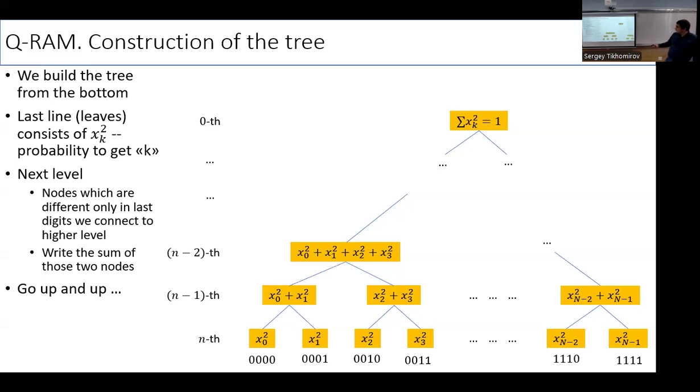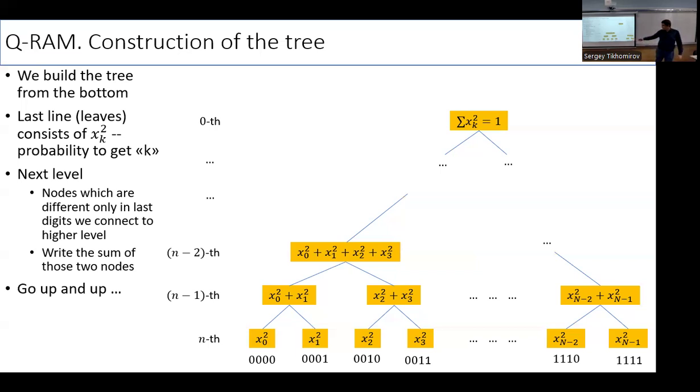Let us consider the lowest leaves, and let us write the numbers which are the squares of the values which we want to upload: x0 squared, x1 squared, x2 squared, x3 squared, and so on. Under them we can write the binary representation of the index: 0, 0, 0, then 0, 0, 1, then 0, 1, 0, and so on.